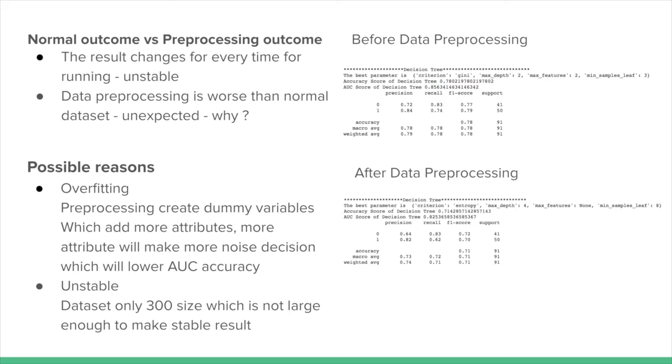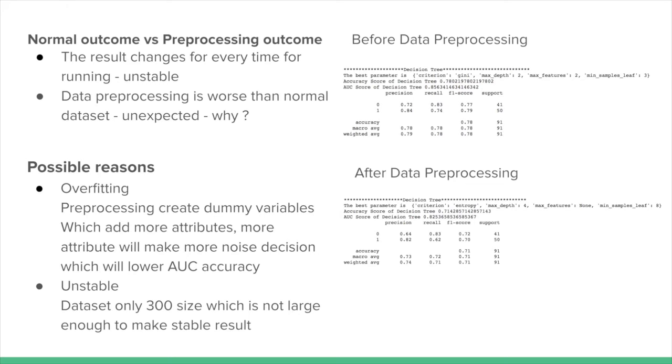First is overfitting. When pre-processing the data, it creates dummy variables. It means it creates more attributes, and more attributes means we will create some more noisy decisions.